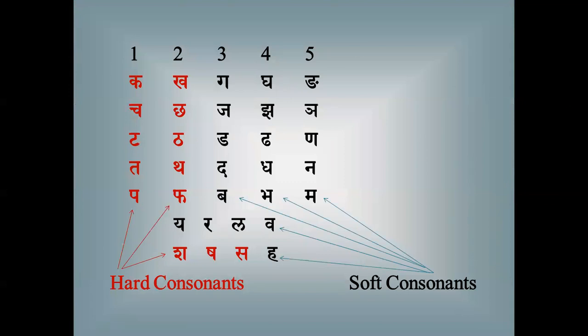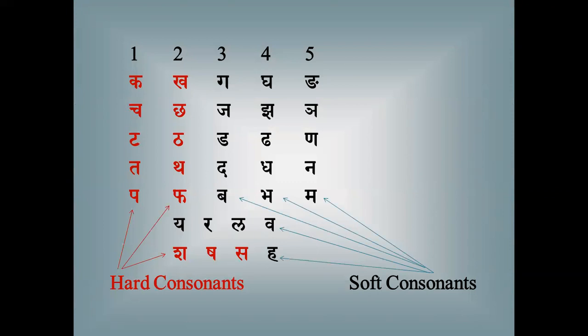The first letter and the second letter of all the classes, as well as the first three sibilants, are hard consonants. And the rest of the consonants are soft consonants. Very simple to remember. Maybe in the beginning you would have found it difficult, but now it is made very easy.